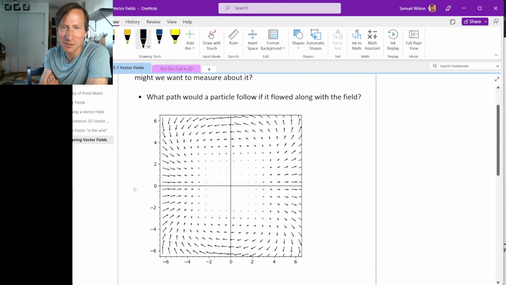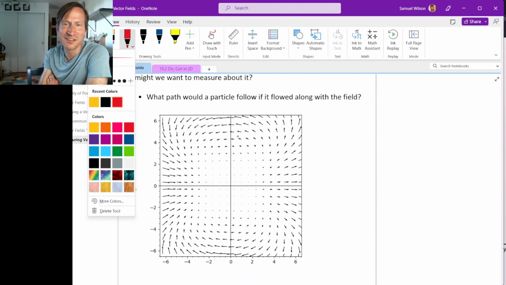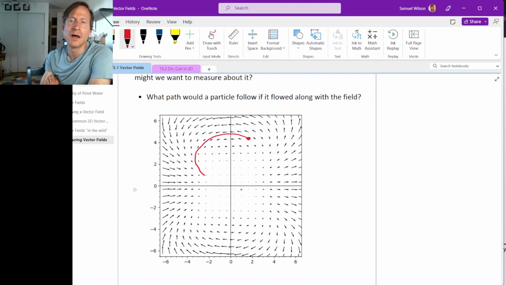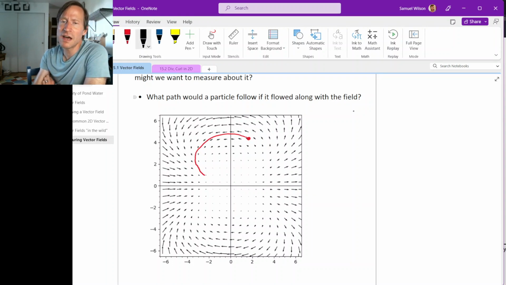If this is how the fluid is flowing around the surface of the pond, and I drop a leaf into this pond right here, the leaf is going to follow the vector field around, because remember, the vectors are representing a velocity. So the leaf is going to go this way and then curve down like this and then swoop over this way, I guess, and slow down a lot. And then it gets hard to know what happens in the middle here. So how would we solve that kind of problem?